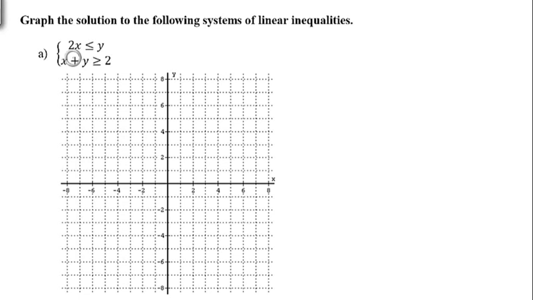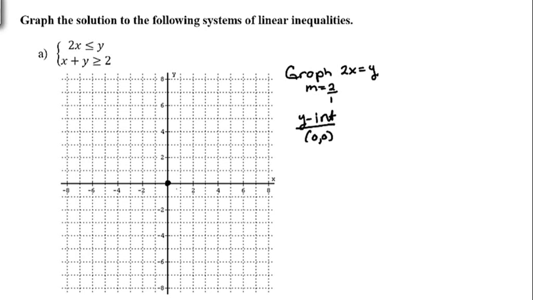Our first inequality is 2x is less than or equal to y. So again, just like we did before, we want to graph the equation 2x equals y. The slope of this line is 2, and we want to think of that as a fraction, 2 over 1, and its y-intercept is 0.